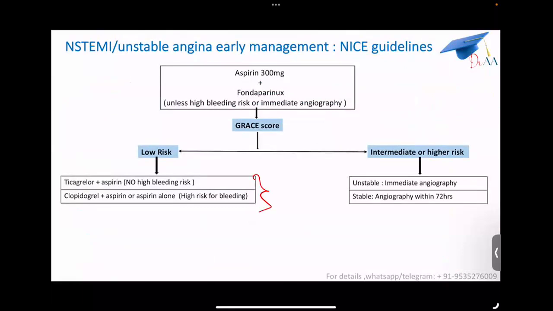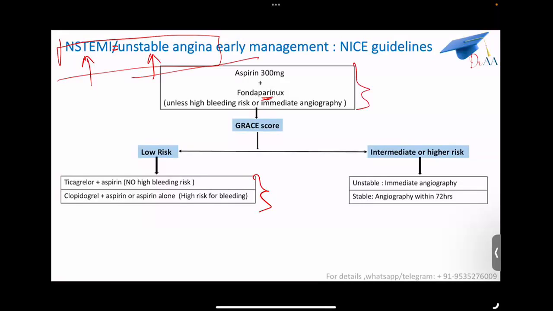Now we are entering into NSTEMI, which is the same as unstable angina. Both of these are treated in a similar manner. Any patient who comes with an elevated cardiac enzyme, that is NSTEMI, and no specific ST segment changes suggestive of ST segment elevation MI, or any patient who comes with typical cardiac chest pain which is persistent, but cardiac enzymes are negative and there are no ST segment elevation changes on ECG, all of them get aspirin and fondaparinux.